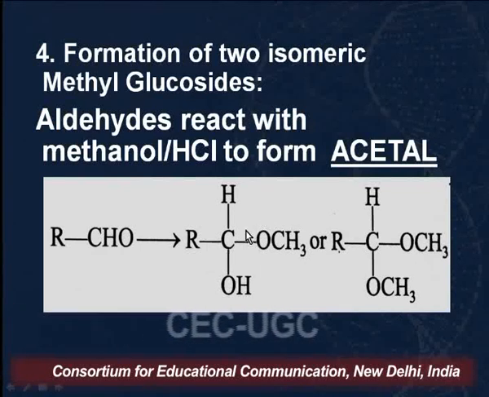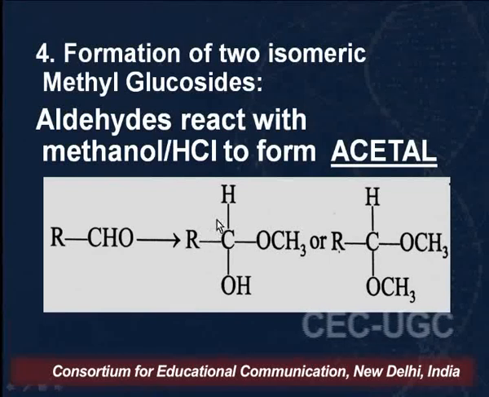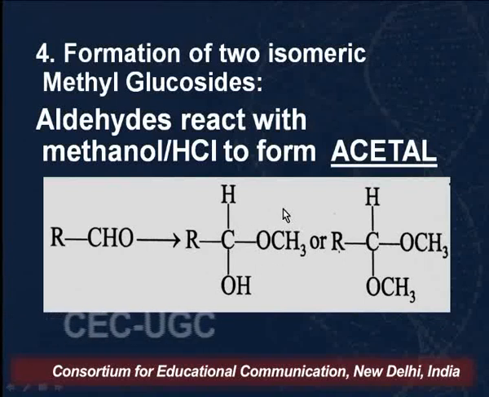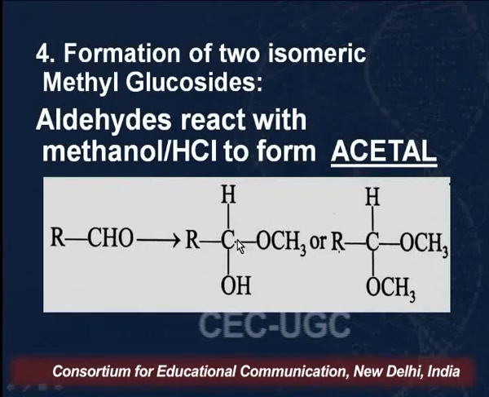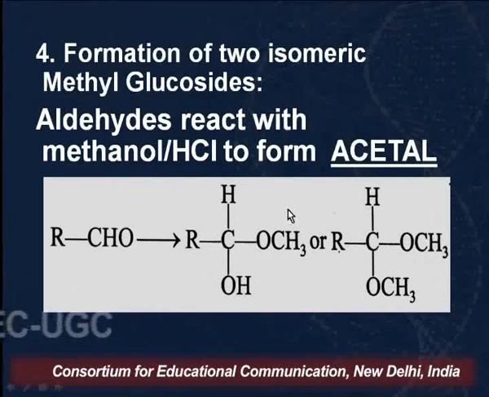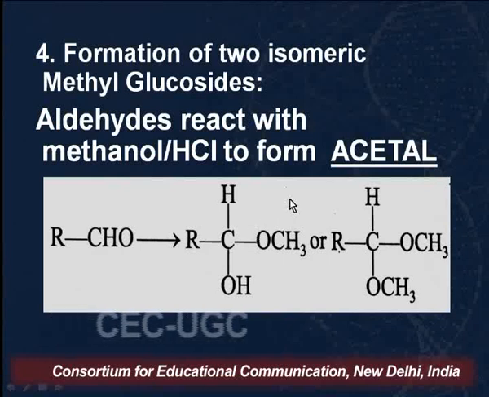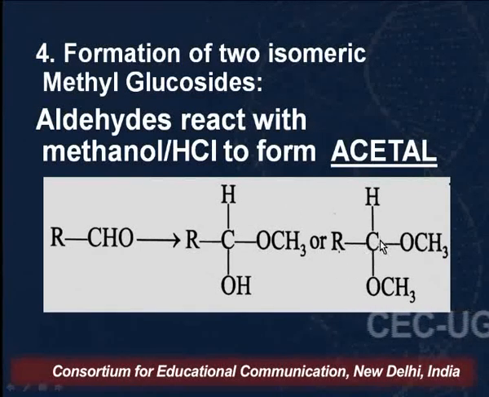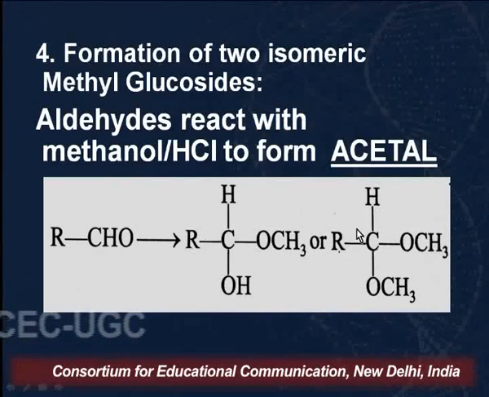So a hemiacetal is formed when an aldehyde is treated with one molecule of methanol. We get this hemiacetal in which carbon is attached to a methoxy group as well as to a hydroxyl group. And when this reaction is carried out with excess of methanol in HCl, we find an acetal is formed. That is, two methoxy groups are attached to the same carbon.